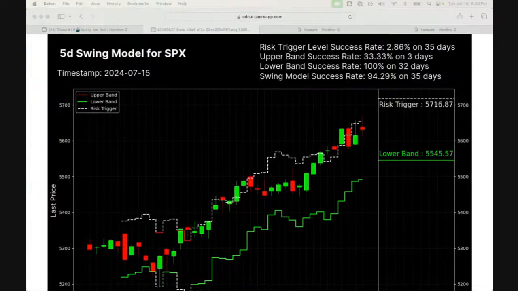But this model is telling us that right now, selling puts is what's working. And so we just kind of stick with what's working. So on the 5-day, that's what you would sell.